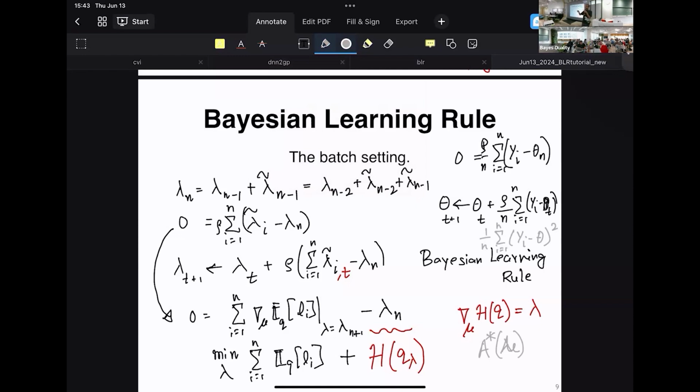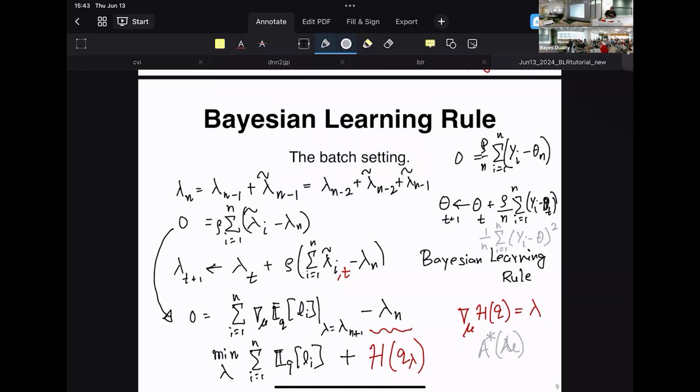Bregman divergence: you have a generating function, a convex function that generates the Bregman divergence, right? In an exponential family, that generating function is the log partition function. So that's why there's a one-to-one correspondence between exponential families and Bregman divergences.